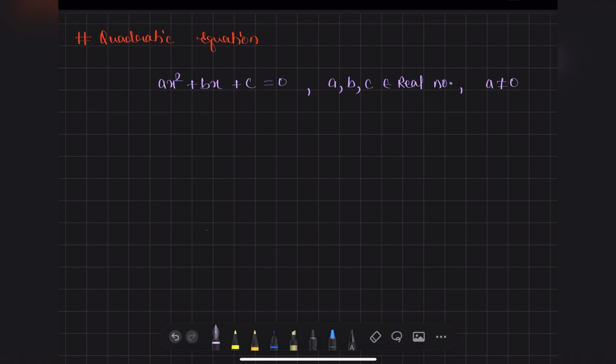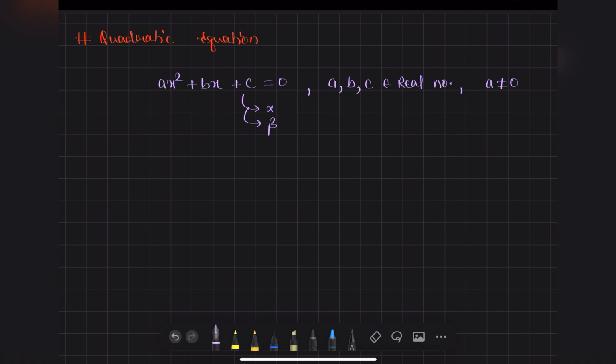Okay, now previously we have studied how to find the zeros. As we know that this is a quadratic equation, so we will have two zeros, alpha and beta. In previous classes we also learned how to find out these zeros.